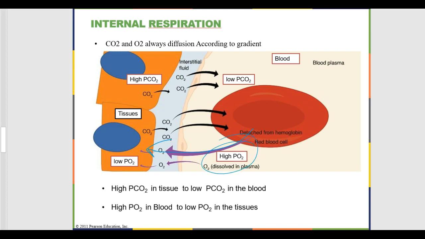You want pressure higher in the bloodstream than in the tissues so that oxygen can flow down its gradient into the tissues. Another way to think about this is: what is the source? The pressure is always going to be higher at the source. For your tissues, blood is the source.